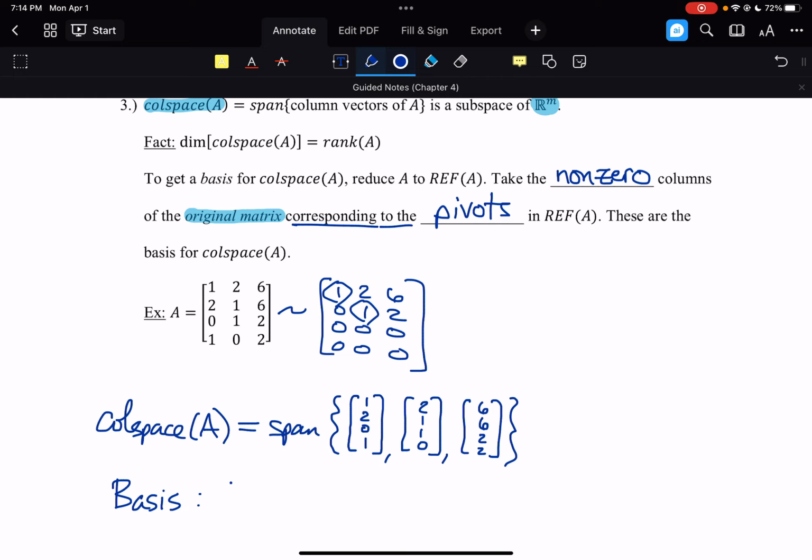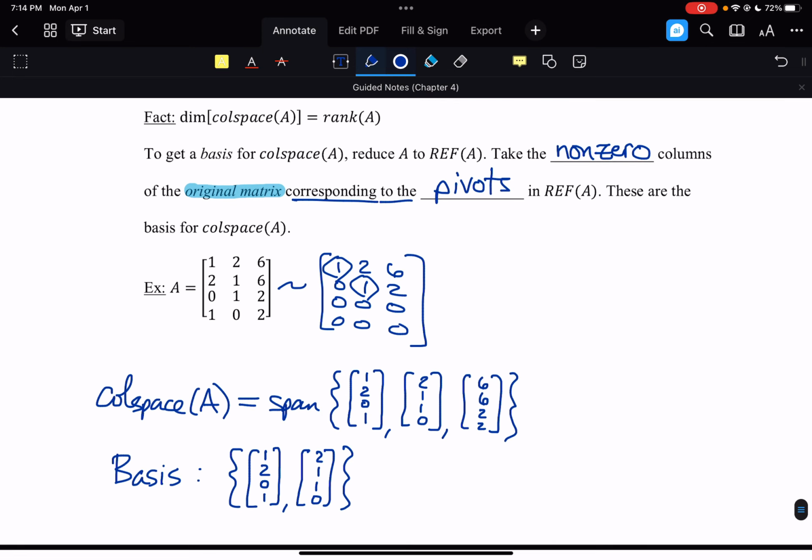So that's going to be the first one, 1, 2, 0, 1, and the second one, 2, 1, 1, 0. And this would be the basis for our column space for this matrix. Okay, so again, there was a linear dependency here with this third one that we can then eliminate, and we're just left with the original two.